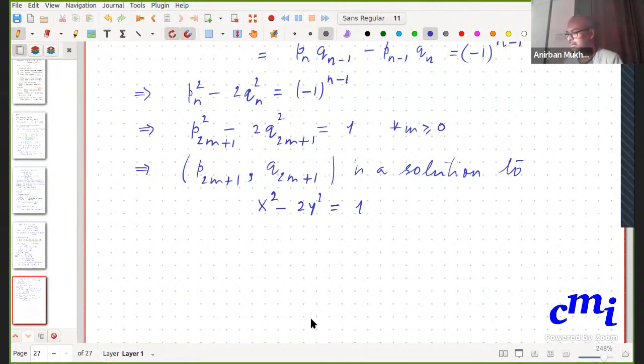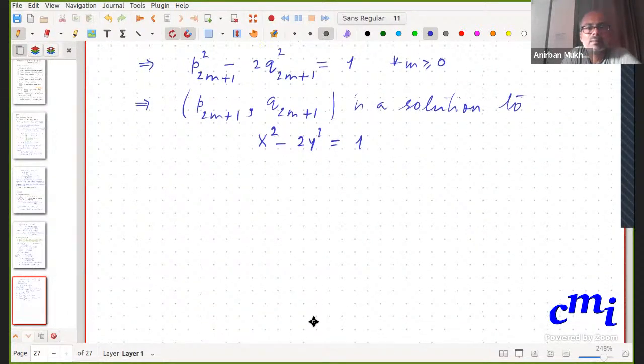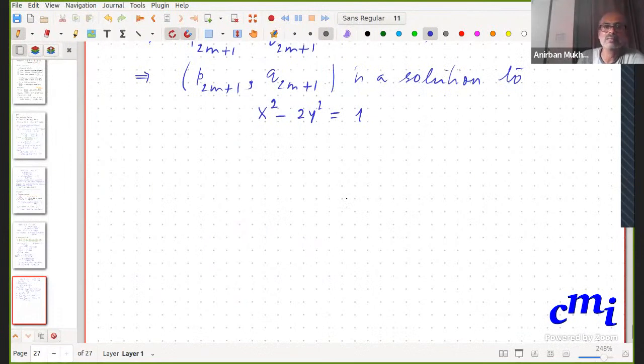Okay. So let me just talk a few words about what kind of equation this is. So these are called Pell equations. I looked up a bit of history as well. That's a complete aside from what we are doing, so this is just a remark.